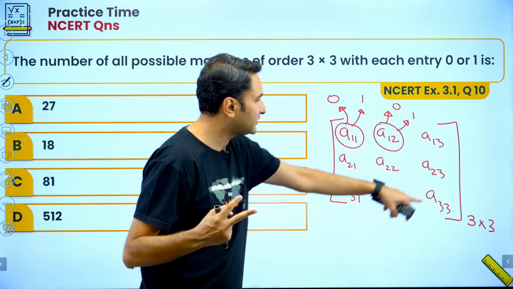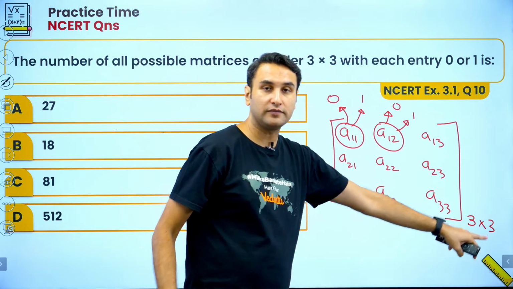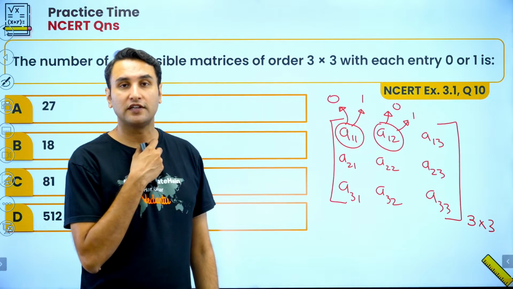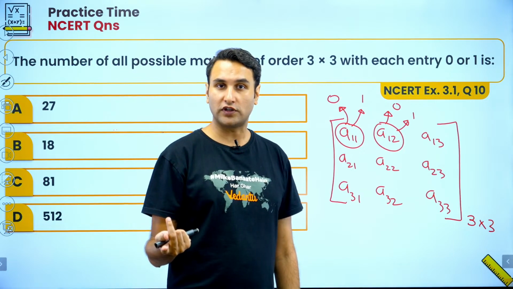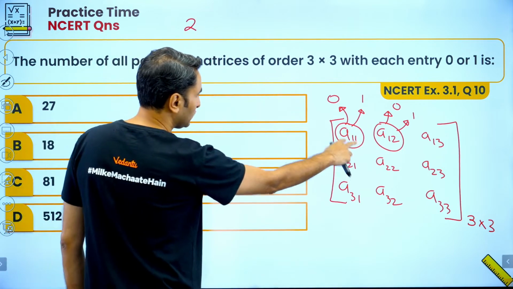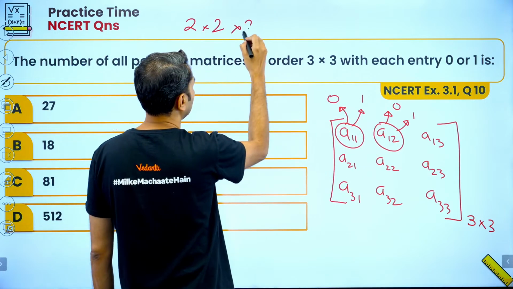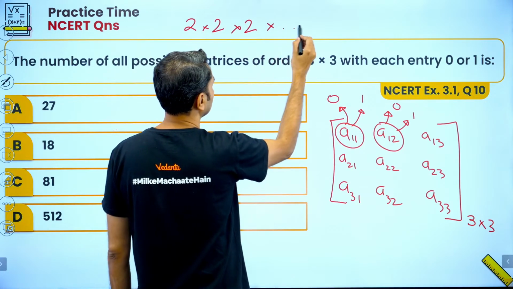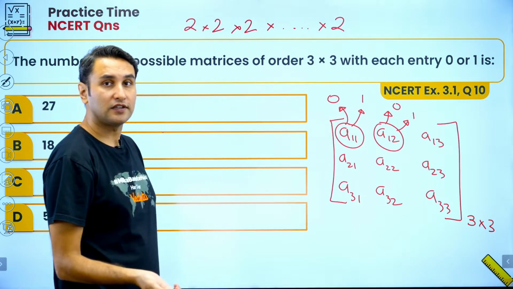But how many elements are there? 1, 2, 3, 1, 2, 3, 1, 2, 3, 3 into 3, 9. So there are 9 elements and each element has 2 possibilities. So what does it mean? It means first element 2 possibilities, second element 2 possibilities, third element 2 possibilities. How many times? 9 elements, 9 times.